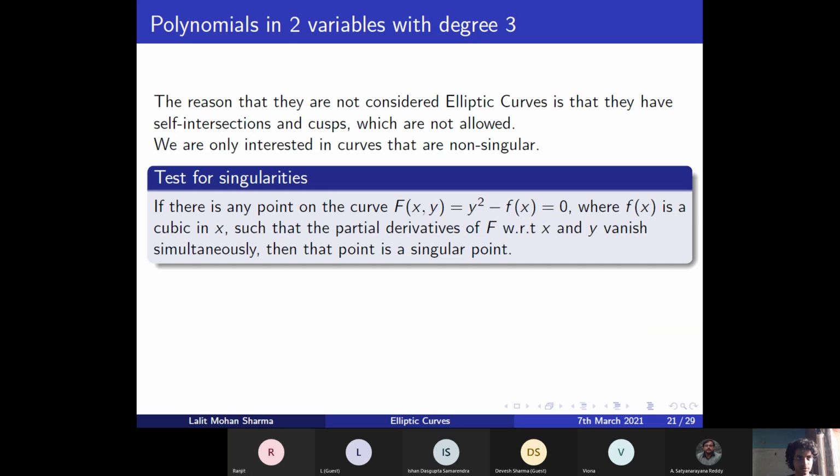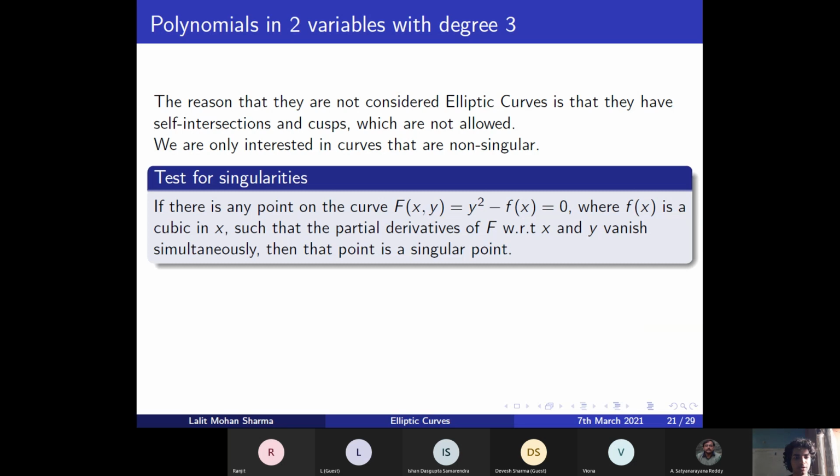So we kind of have a partial definition. The actual definition is not easy to get, and I would need more time to explain one of the terms in that definition, which is genus.